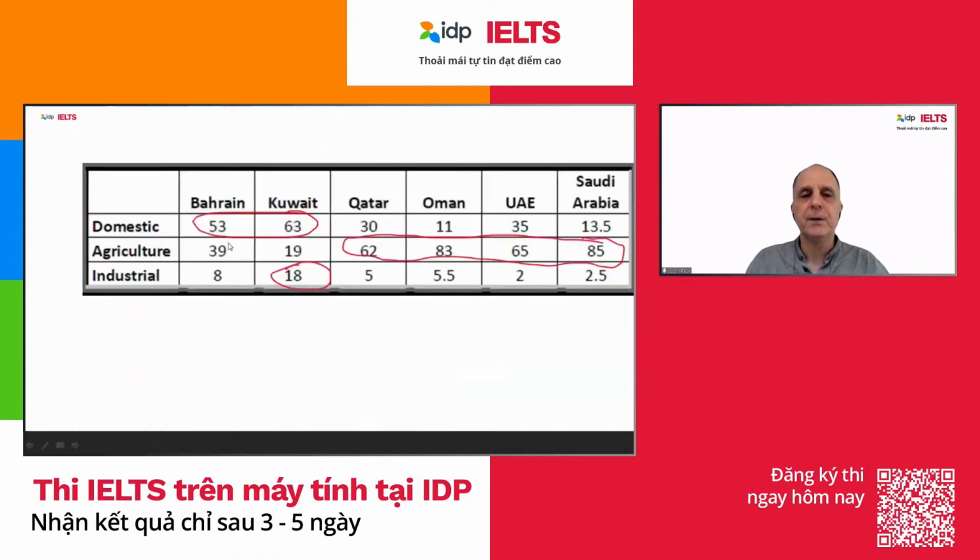If you get this, we've got to mention each of these locations, and we need to mention at least once domestic, agricultural, and industrial. Okay, highlighting, obviously, the main parts in each category here.